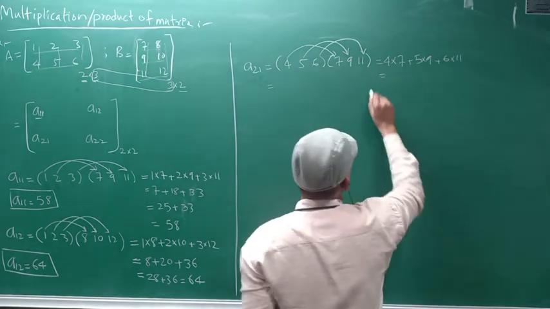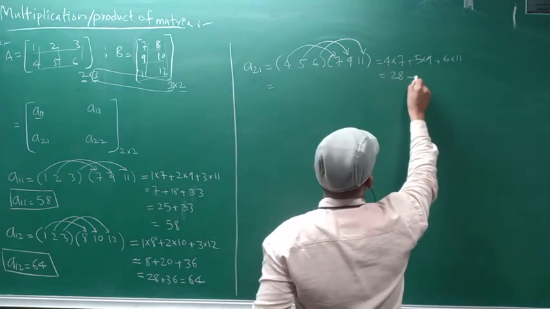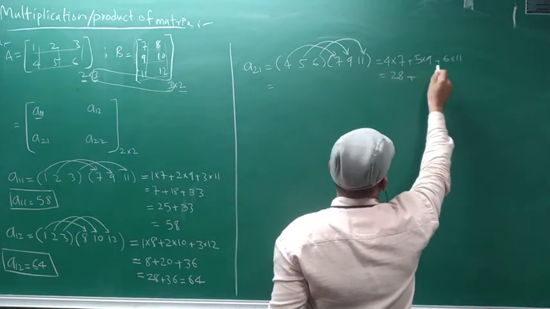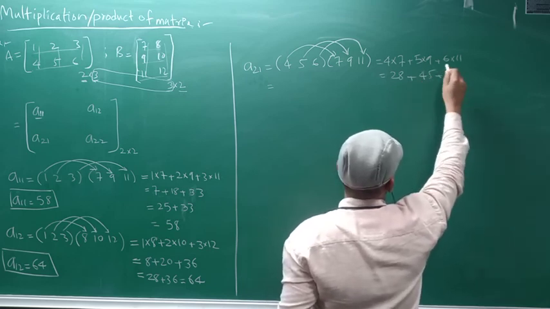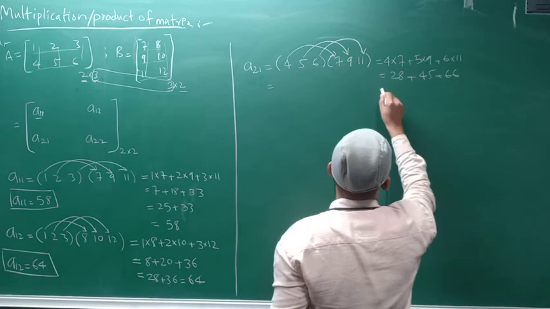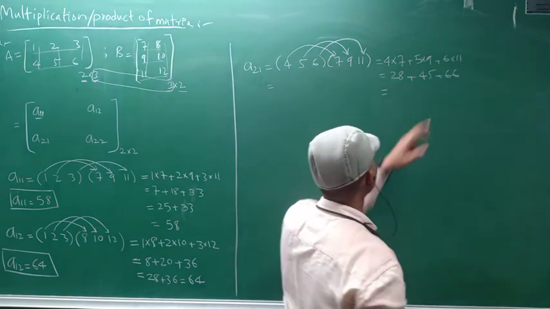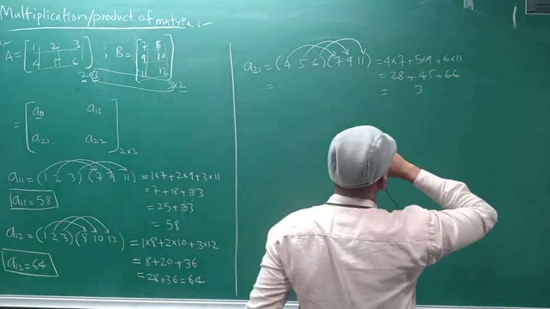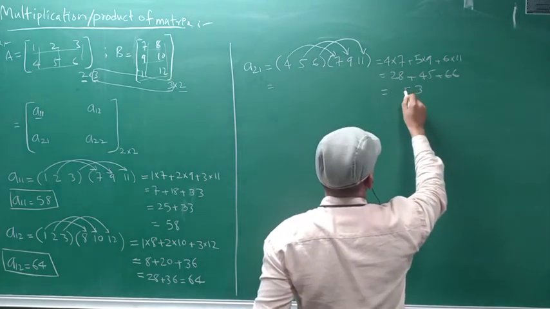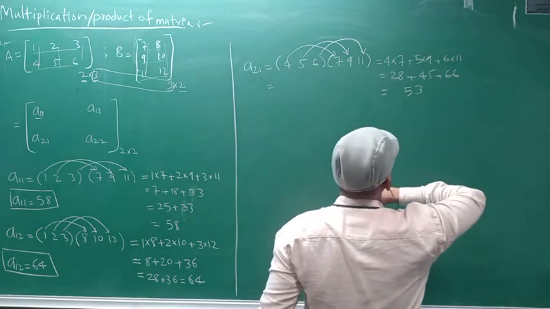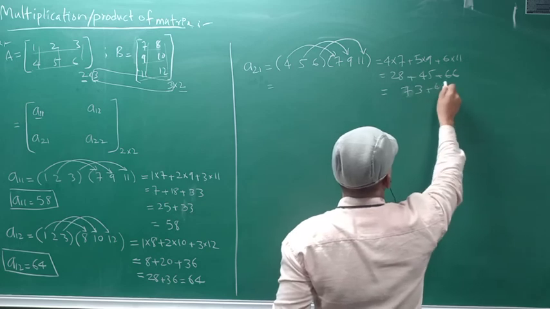Now 4 into 7 is 28, 5 9s are 45, 6 11s are 66. Okay, add them. 28 plus 45 is 73, plus 66.